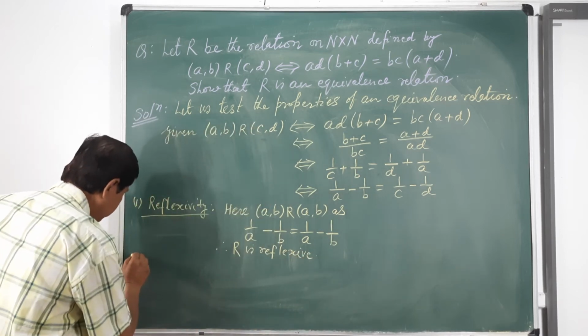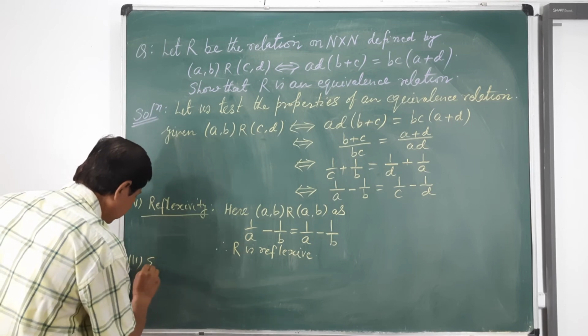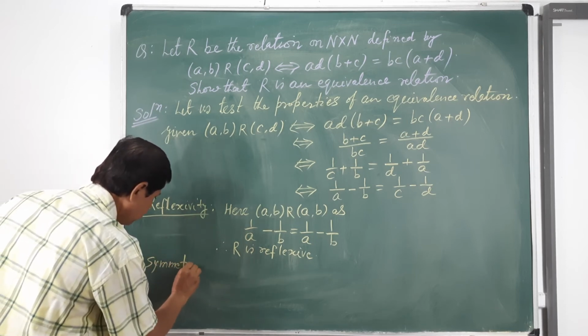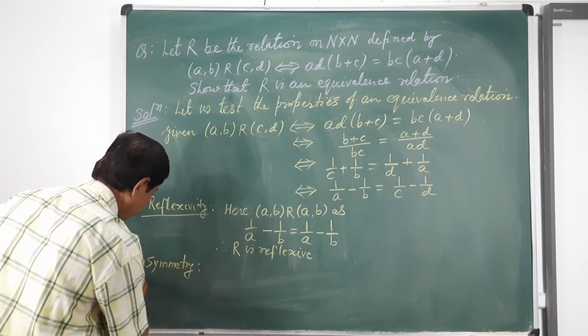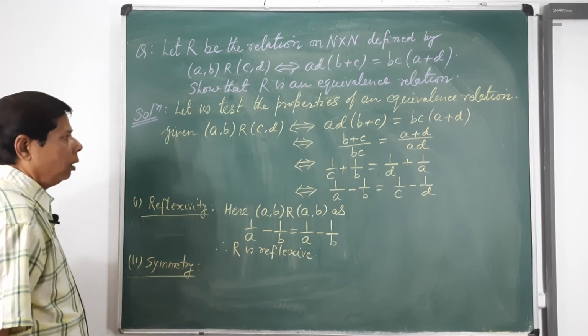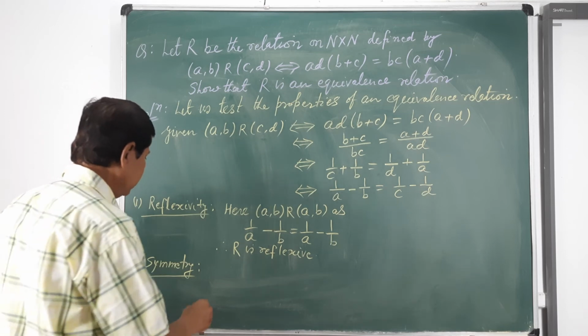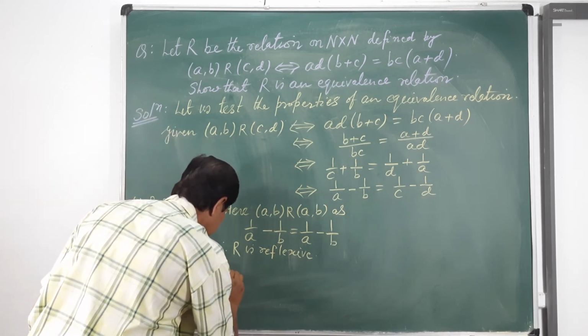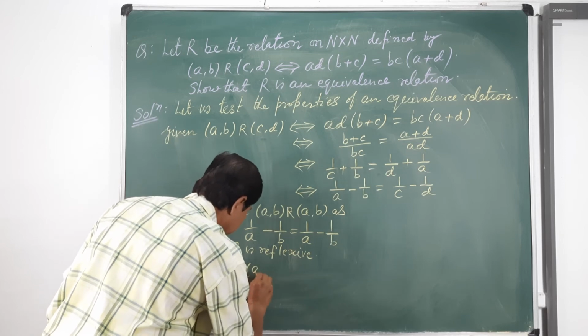The second property is symmetry. Now given that (A, B) is related to (C, D), we shall write it this way: this is given, (A, B) is related to (C, D).